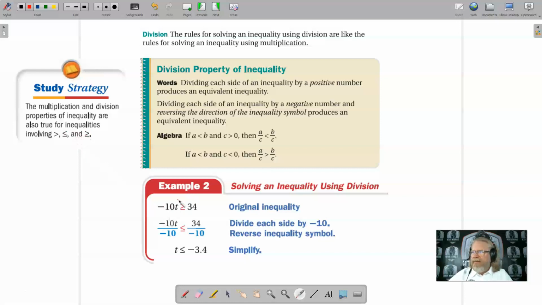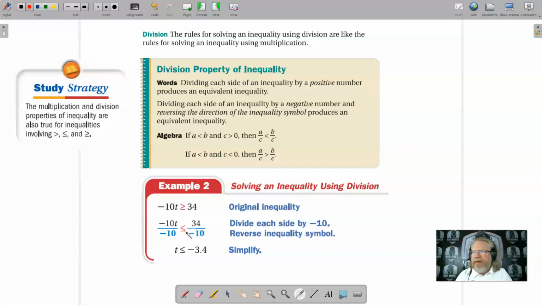So here in example 2, -10t is greater than or equal to 34. Well, the -10 is tied to the t through multiplication. The opposite operation is division. Remember, all fractions are division problems. We're going to divide by the very number we wish to get rid of, which is -10. And what we do to one side, we do to the other. Now, we can go ahead and flip the sign at that point.